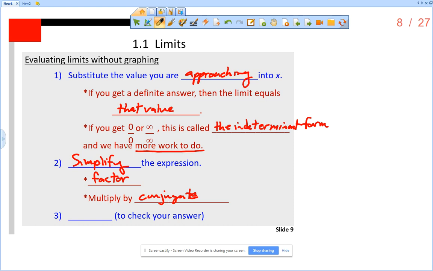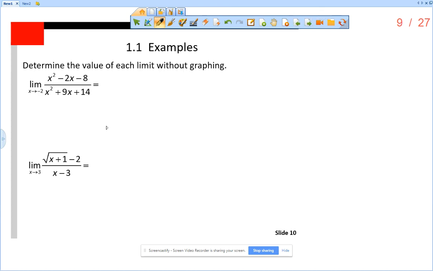And once we simplify by factoring or the conjugate, then we're going to revert back to step 1, and substitute the value we're approaching into the new function that we've created. Then on step 3, we are going to graph to check our answer. So very simple. Let's go ahead and do some examples.